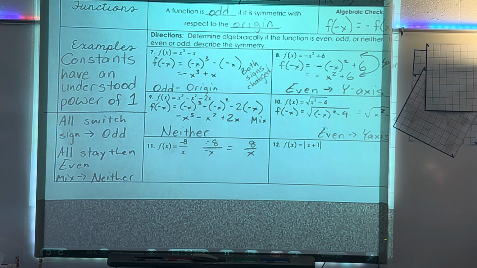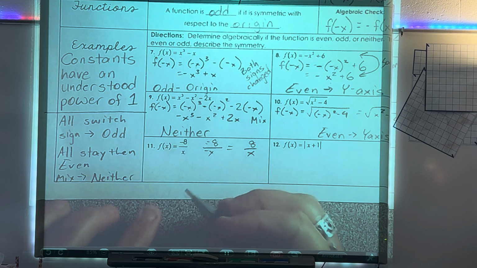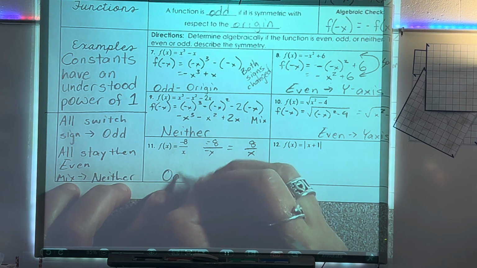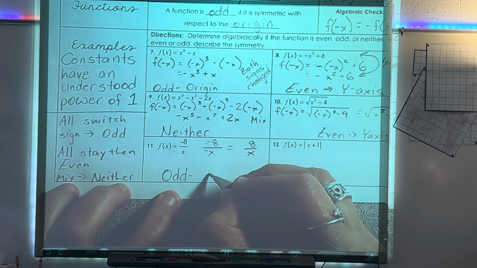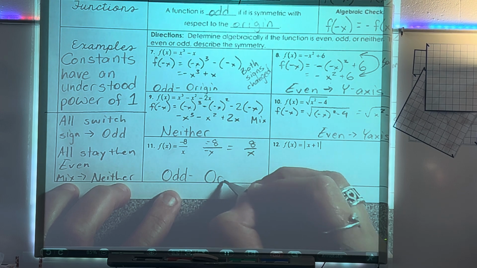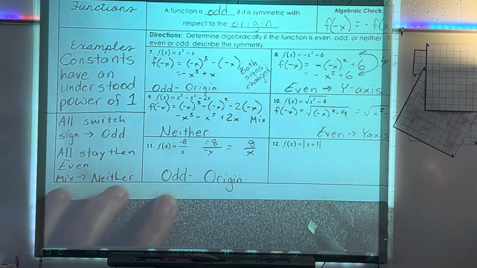So the whole thing changed. Does that make sense? As a whole it changed because it's multiplied together. So because as a whole it changed, that means it's odd. So then we're at the origin. Odd is origin.